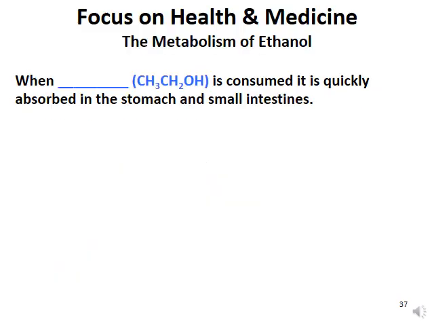All right, let's talk a little bit about ethanol metabolism. It's sort of interesting. When ethanol, or grain alcohol, is consumed, it's quickly absorbed in the stomach and the small intestines and eventually makes its way to the liver.